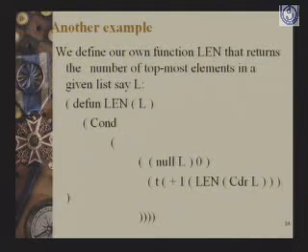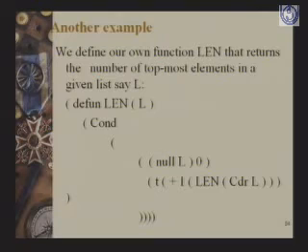And the second step says that add 1 and find out the length of the list obtained by taking the cdr, that is throwing out the car. We know that when the cdr is taken, the length of the list becomes 1 less than the original list, and therefore 1 is added in order to compensate for the length being reduced through the process of cdr. So this gives you the complete definition.